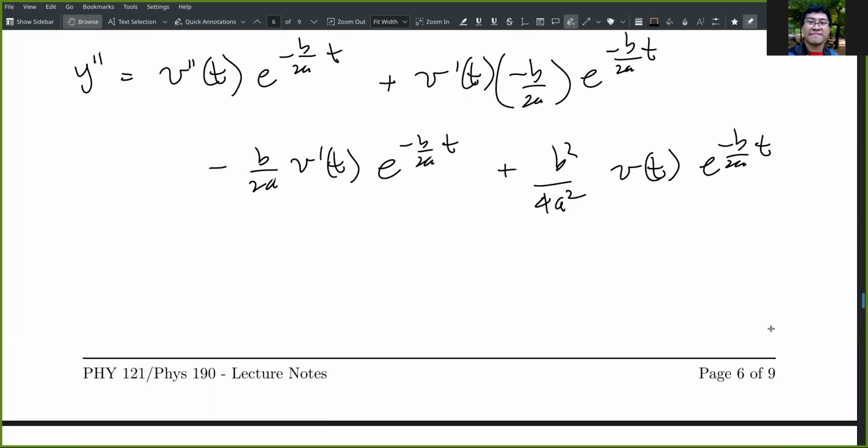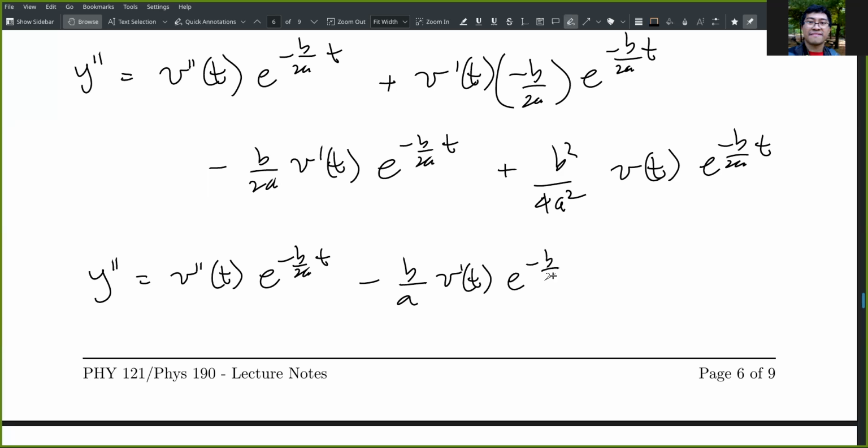So y double prime is v double prime t e to the minus b over 2a t minus b over a, removing the 2, v prime t e to the minus b over 2a t plus b squared over 4a squared v(t) e to the minus b over 2a t.